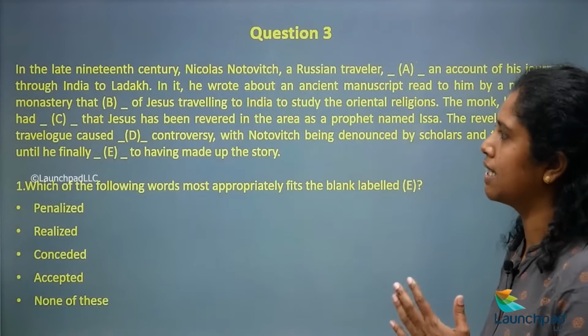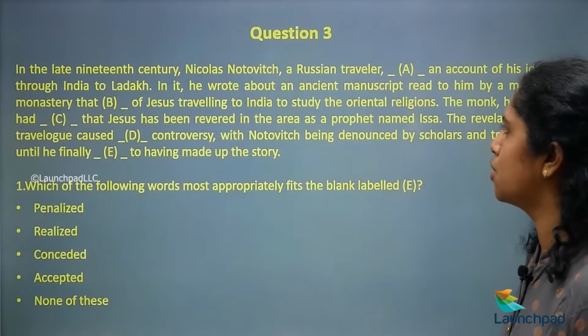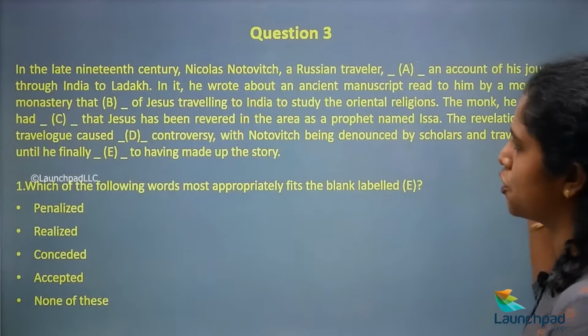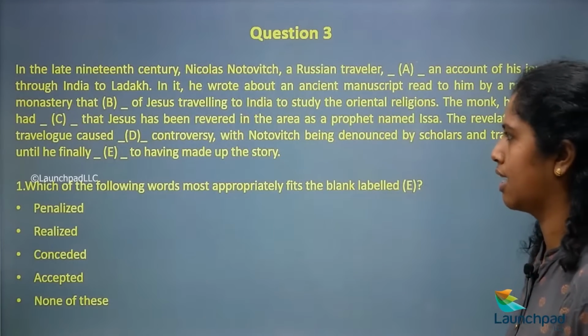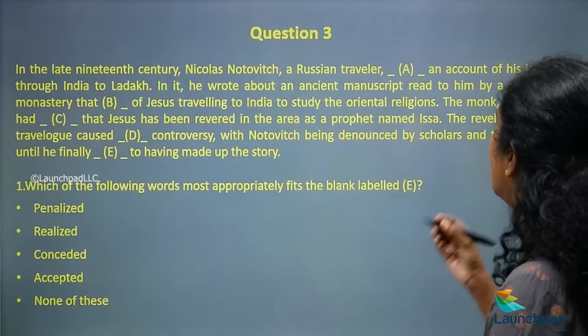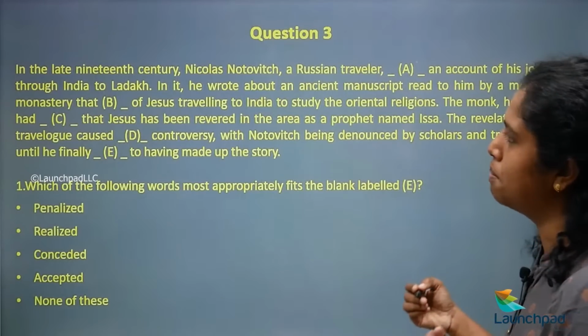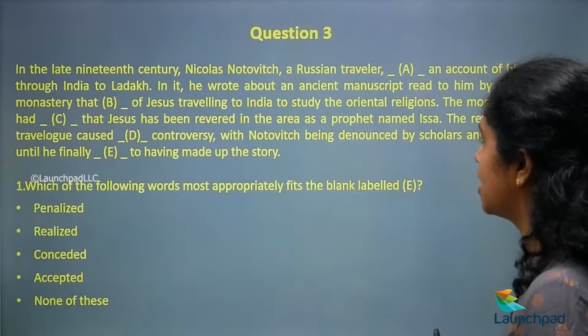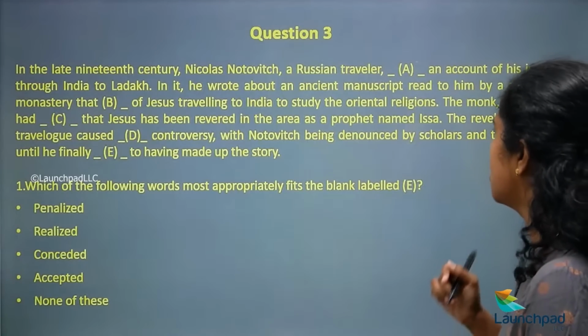In the late 19th century, Nicholas Notovich, a Russian traveler, dashed an account of his journey through India to Ladakh. In it, he wrote about an ancient manuscript read to him by a monk in a monastery. That dash of Jesus traveling to India to study the Oriental religions.